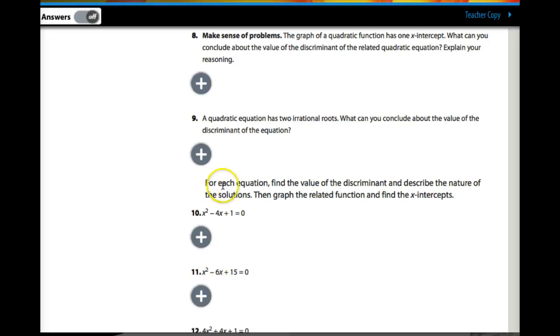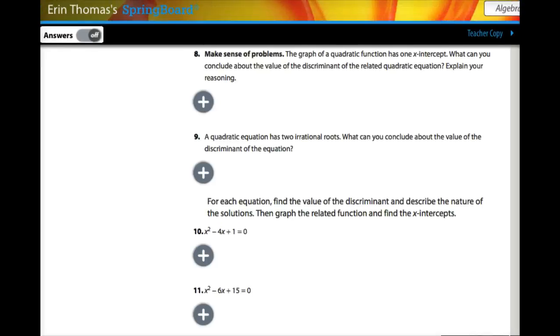These directions say for each equation, find the value of the discriminant and describe the nature of the solutions. Then graph the related function and find the x-intercepts. On these, again, I want to be very clear about the expectation.